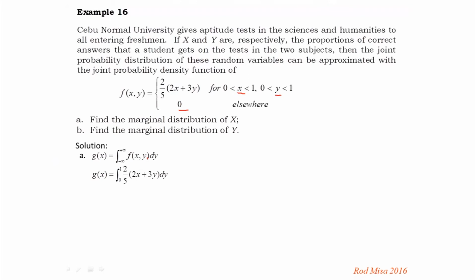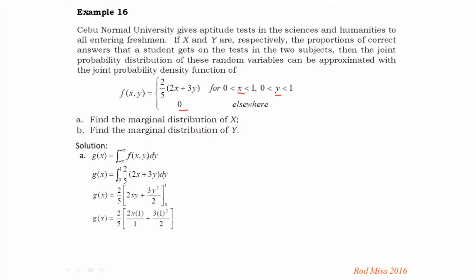So integrating our integrand, we have 2xy as the integral of 2x with respect to y, since x is treated like a constant here. So the integral of 2x is 2xy, and the integral of 3y with respect to y is 3y squared over 2. And using the fundamental theorem of calculus, we need to satisfy our limits of integration here.